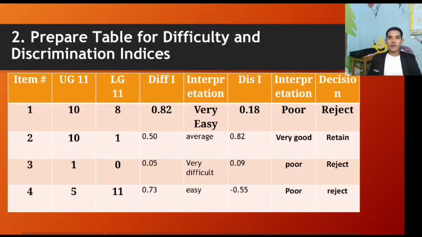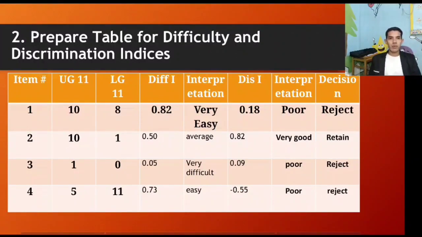Next we have item number 3. You have 1 and 0. So 1 plus 0 is 1, divided by 54%, which is 22.